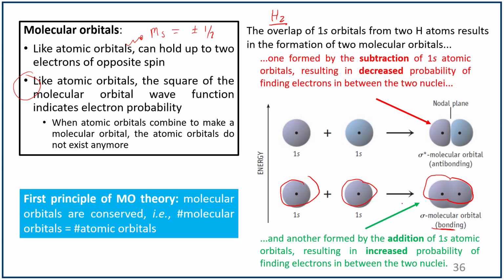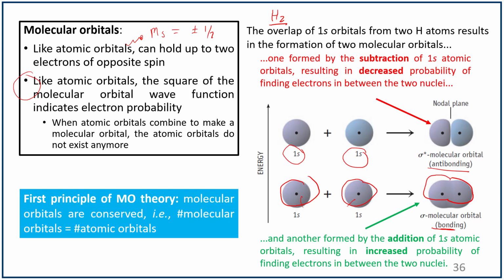And then if you take the 1s of a hydrogen and the negative of the 1s of another hydrogen, basically subtracting them, then what you will have instead is a sigma star anti-bonding molecular orbital. So according to the first principle of MO theory, you have a higher probability of finding these 2 electrons from each hydrogen in the sigma orbital rather than the sigma star orbital.